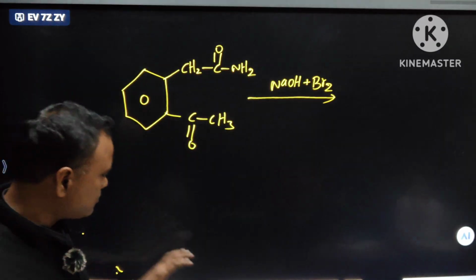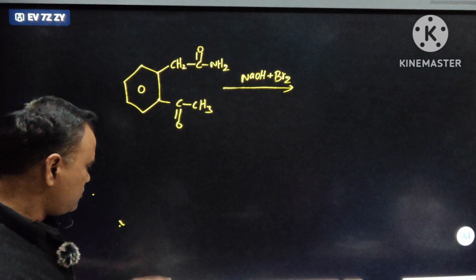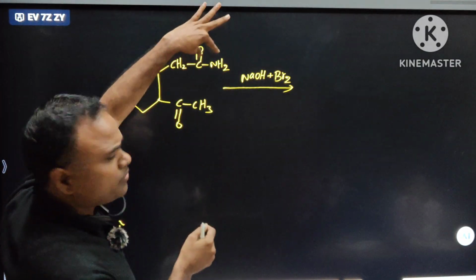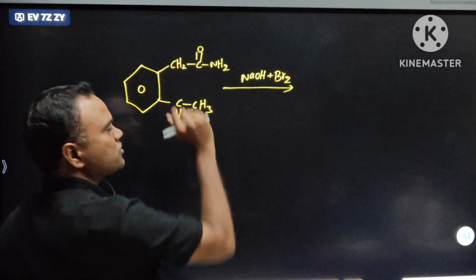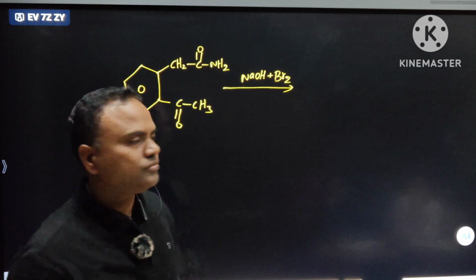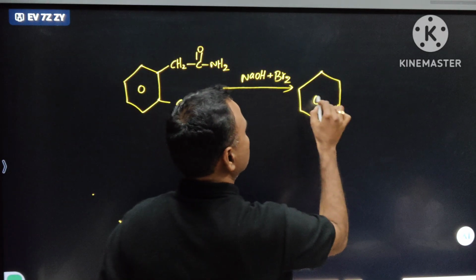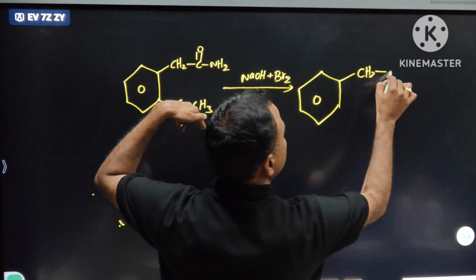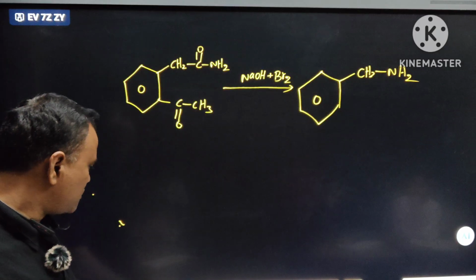Remove, don't write C, all of you. You know Hoffmann bromamide: cut C double bond O, attach NH2. First remove this: CH2, CH2, NH2, NH2.